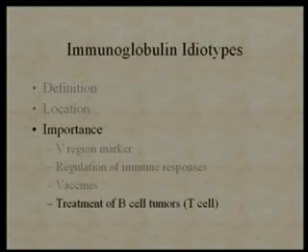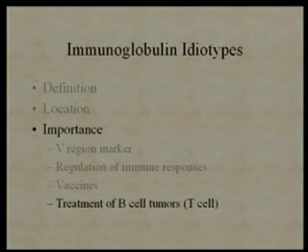Another place where idiotypes and anti-idiotypes are used is in the treatment of B-cell tumors. Remember we said B cells have on their surface immunoglobulin, IgM and IgD. They have the same specificity, so they have a particular set of hypervariable regions. That means every B cell expresses a particular idiotype, depending upon the combining site of those antibodies.